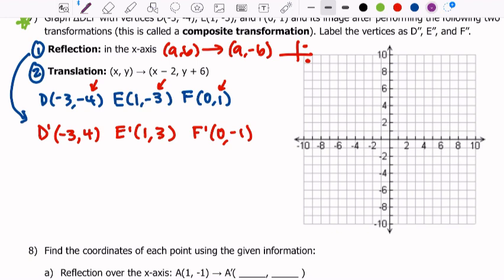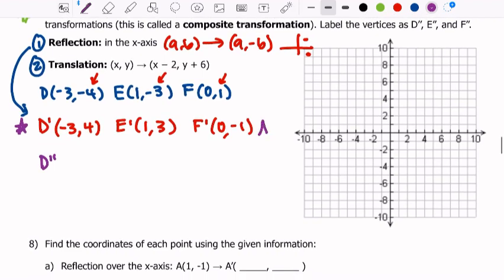Now what we're going to do is we're going to do the translation from these points. I'm going to use the points D prime, E prime, and F prime to do my transformations to those. So since this is going to be my second transformation, I'm going to put a double prime now to show that this is the second place it's going to move. Okay, and I'm going to use these points here.